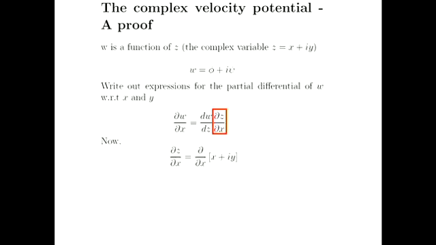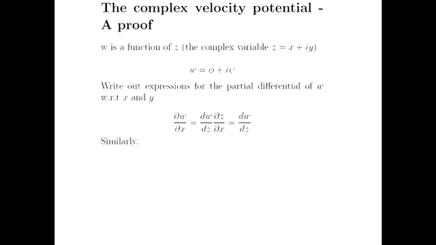And we know that z is equal to x plus iy. So differentiating that complex coordinate is very simple. The differential of x plus iy with respect to x is just going to be 1. So you can see that del z del x is equal to 1. So we get, straight off the bat, this neat relationship that del W del x is just equal to dW dz, okay?